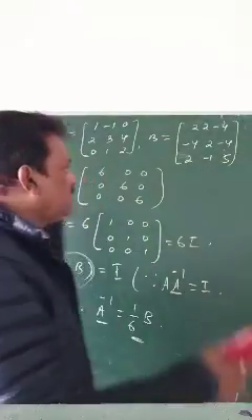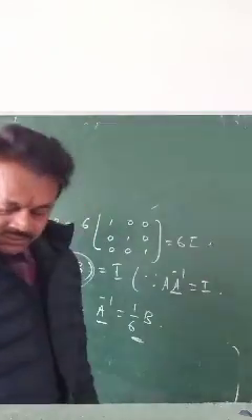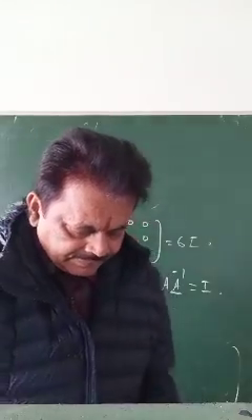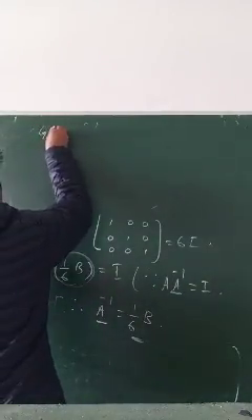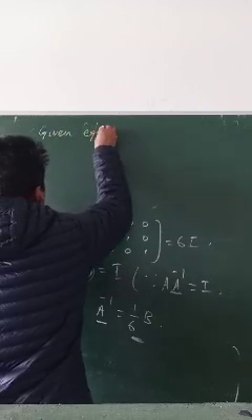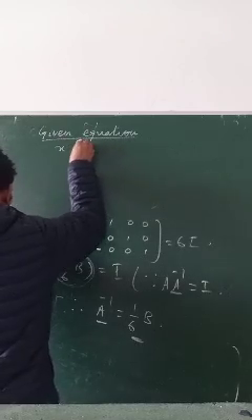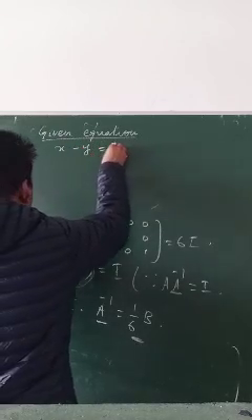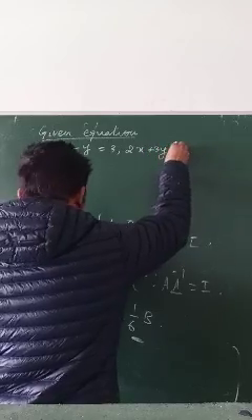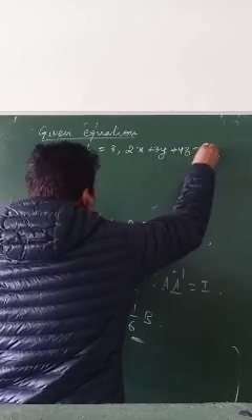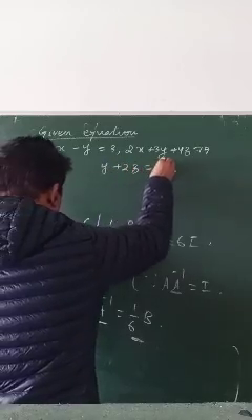Now you go to your equation. What are the equations given? Given equations, you write down: x minus y equals 3, 2x plus 3y plus 4z equals 17, y plus 2z equals 7.